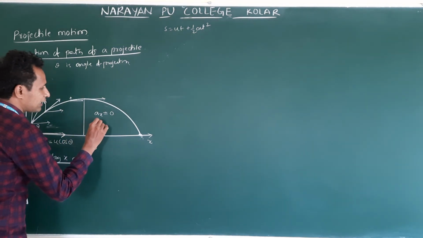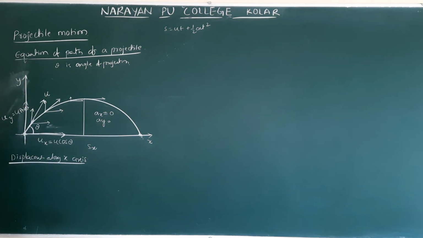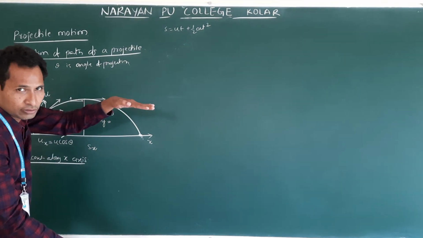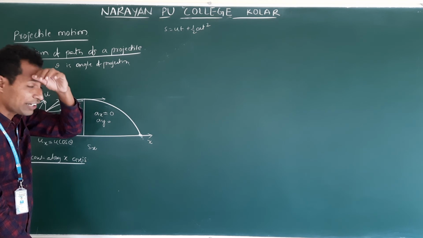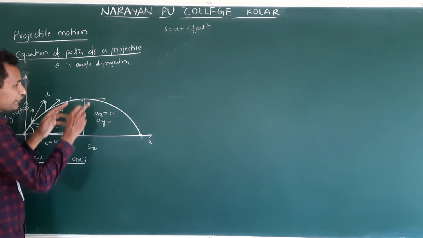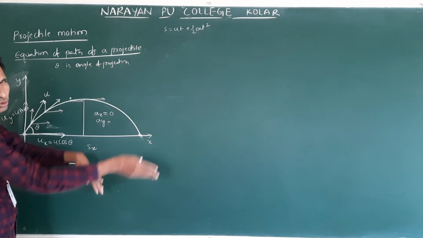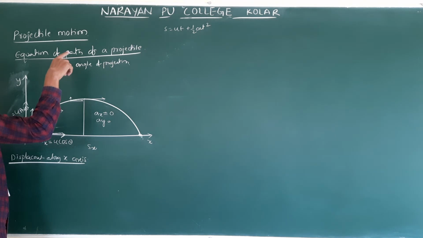So next, acceleration along the y direction. Understand? What is the acceleration along the y direction? If you release the object, why is it falling down? It is falling due to acceleration due to gravity. So the gravity force will act on this object also, no matter how it moves. So does acceleration due to gravity act in the upward direction or downward direction?